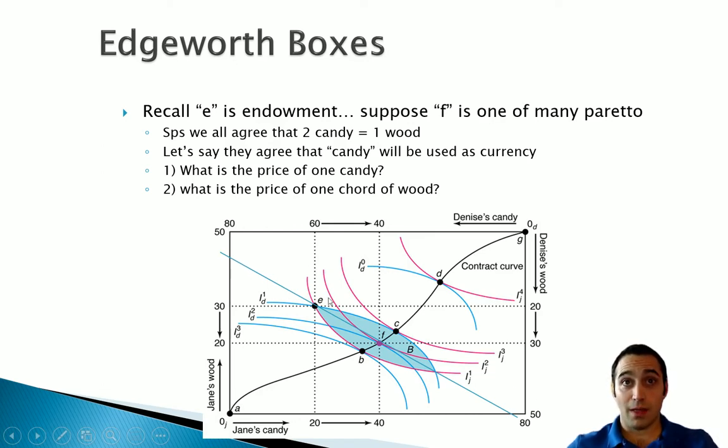If you draw a line between E and this point F, you'll note that this line reflecting the price between those 2 points is tangent to both indifference curves on the contract curve at point F. So this is our competitive equilibrium.